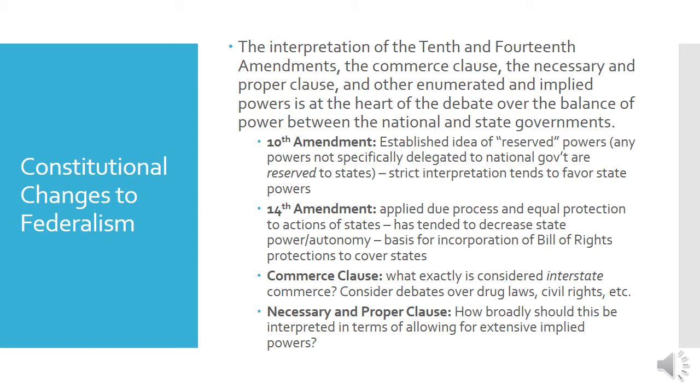The 10th Amendment, added as part of the original Bill of Rights, really establishes a pretty clear line. It provides the whole reason why we call the powers of the states reserved powers, because it says any powers that are not specifically delegated to the national government are reserved to the states.